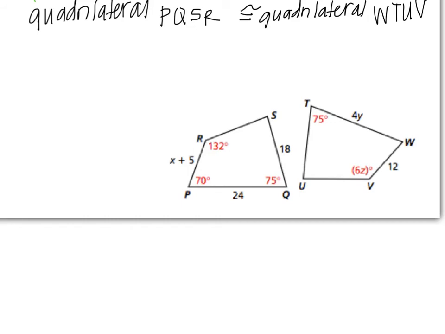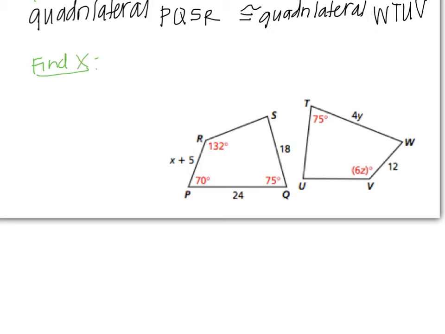Okay, so the last thing that we want to do is find out different values. So I'm going to tell you that quadrilateral PQSR corresponds to quadrilateral WTUV. So let's first solve for x.